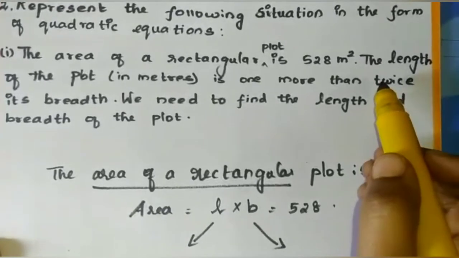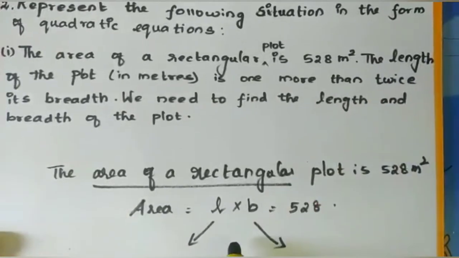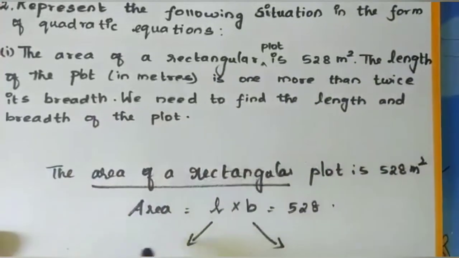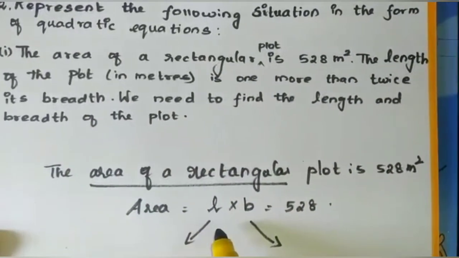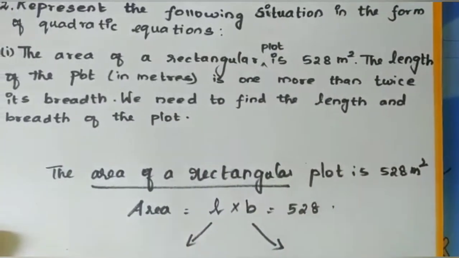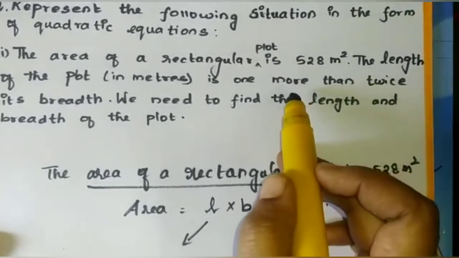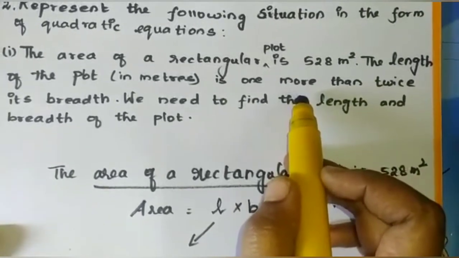Okay, so see the second statement. From the first statement we find that area is equal to L into B is equal to 528. By using the second statement also you have to frame the equation.